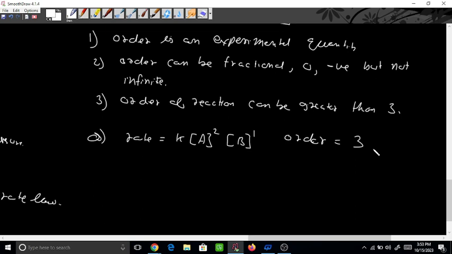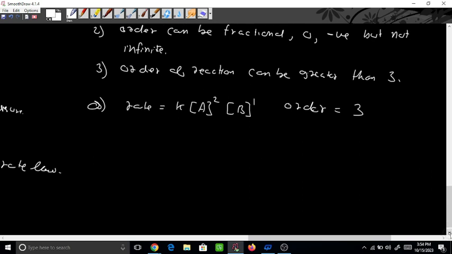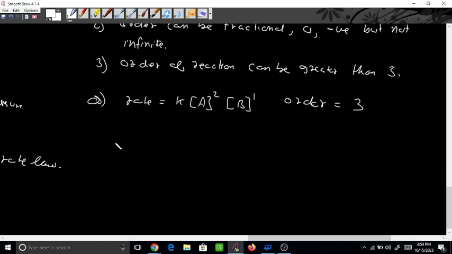Now suppose we have some experimental quantities, then you need to calculate the order. We will give some concentrations here. Suppose one question is given, reaction 2A plus B gives C. This is the reaction.